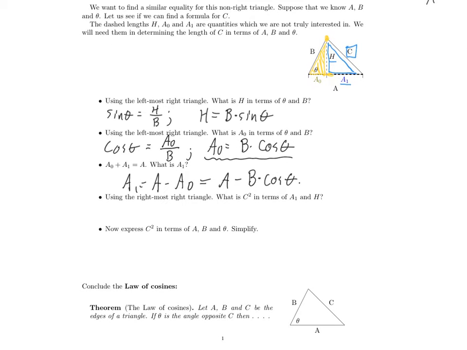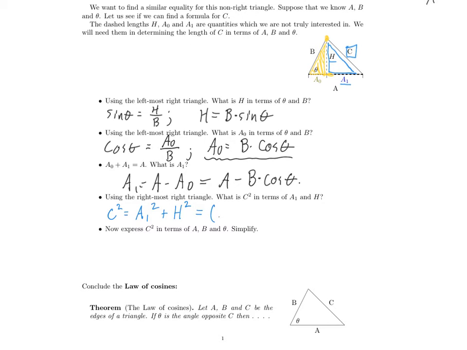According to the Pythagorean identity, c squared is equal to a1 squared plus h squared. Nice. But I also know what a1 and h are, so let's use that.